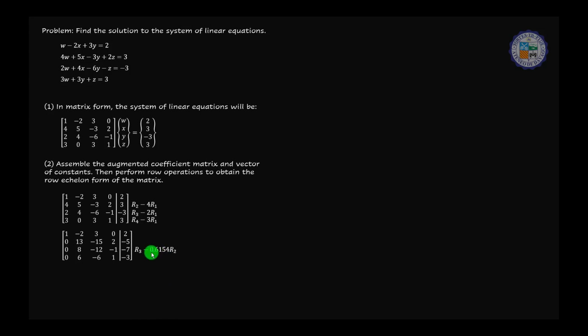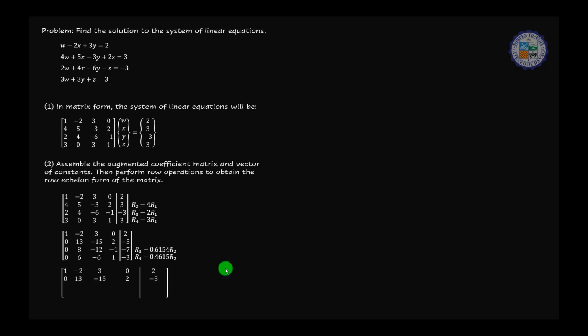This value 0.6154 is obtained from 8 over 13, to make this number 8 become 0. For row 4, the operation will be row 4 minus 0.4615 of row 2. This 0.4615 is equal to 6 over 13.